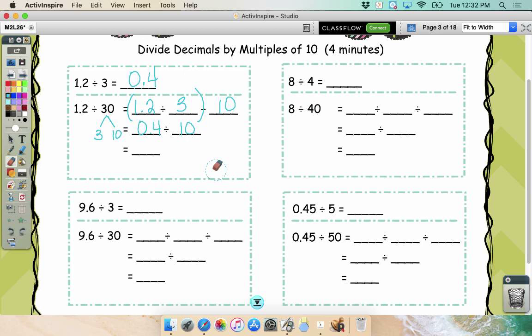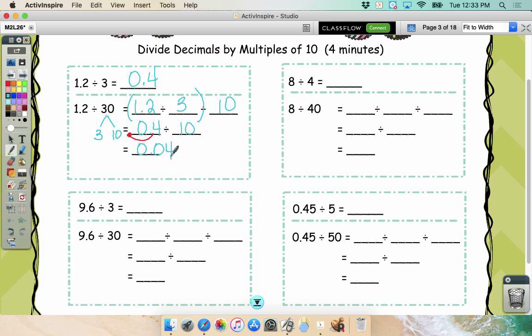What trick are we using instead of the 0 trick? Decimal trick. So which way does a decimal move? To the left. How many? 1. So the answer will be, instead of 4 tenths, what is it? What's the number? 4 what? 400ths.